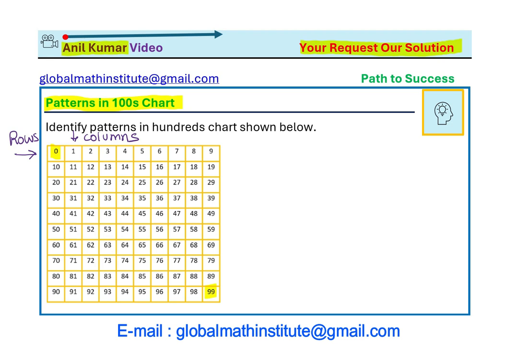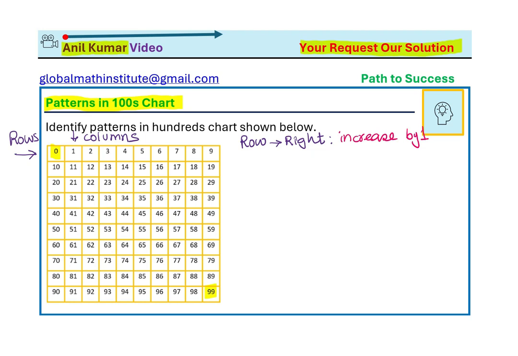And what is happening is that if I move on a row towards the right, any row towards the right, the numbers increase by 1, plus 1, correct. And if we do columns, so columns go down. In that case, what happens?